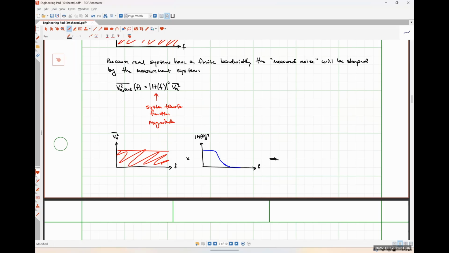The measured noise would just be the product of those two waveforms, which might look something like this.